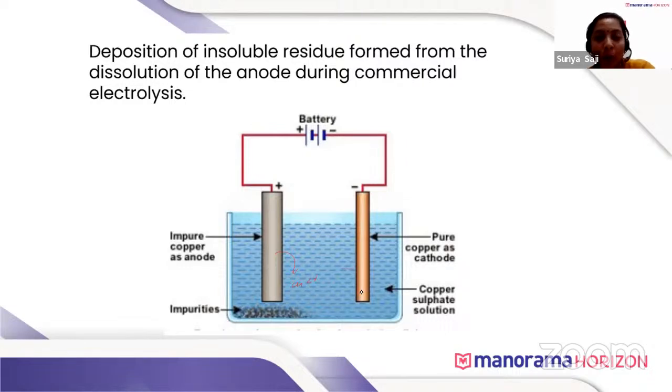As time passes, all that copper will attach to the cathode, and we'll get pure metal. This is what happens in electrolytic refining. As time passes, the size of the impure copper anode will decrease, and the size of the pure copper cathode will increase.